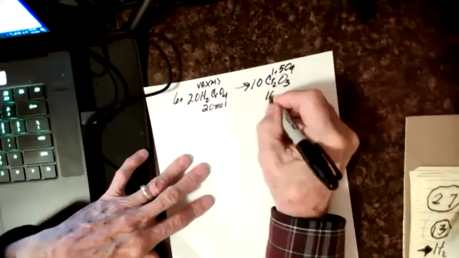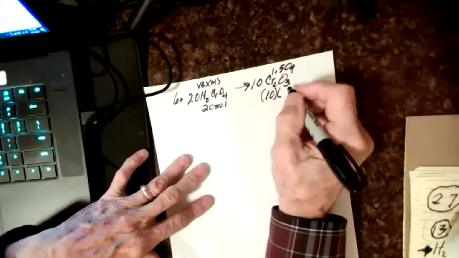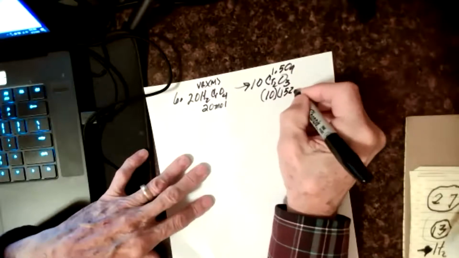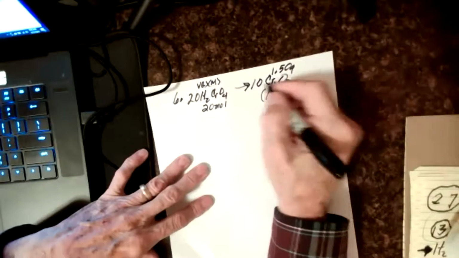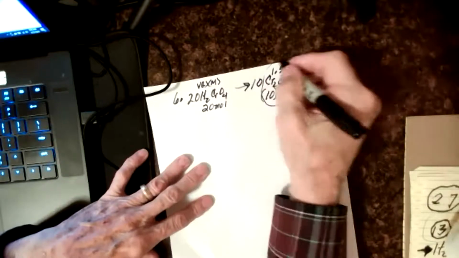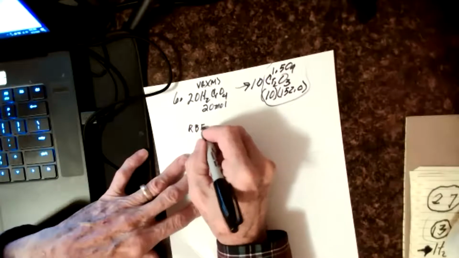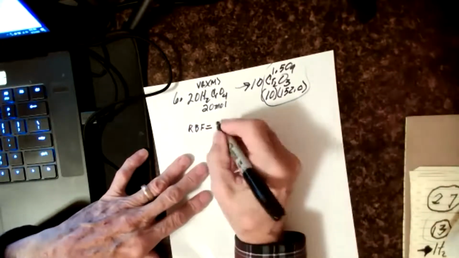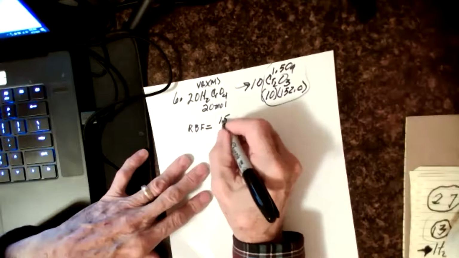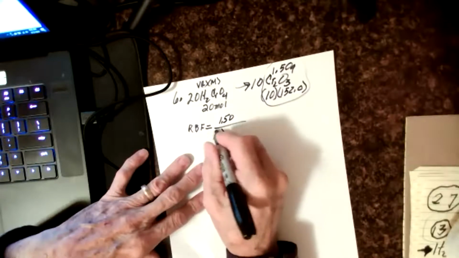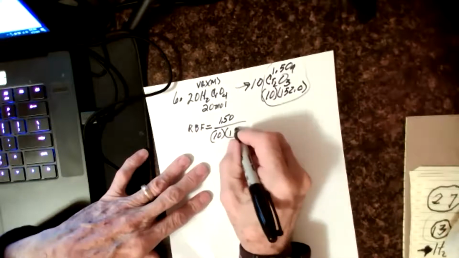The equation is showing 10 moles, and the molar mass is 152. So this is going to define my rebalancing factor. And that's going to be 1.50 divided by 10 and divided by 152.